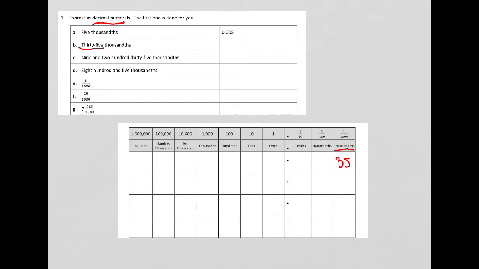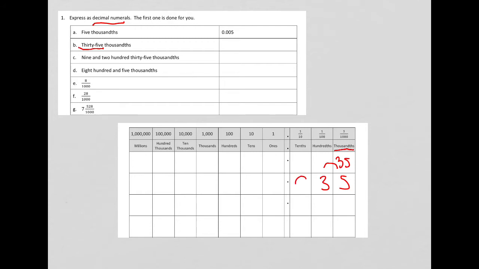This 3 needs to become a hundredth, so it really needs to be written as 35. The last digit, in this case the 5, should be in the thousandths place. That's the general rule. The last digit of your number should be in the naming column. So it is 35 thousandths. Now I need to fill in some zeros here, because right now it just looks like 35.